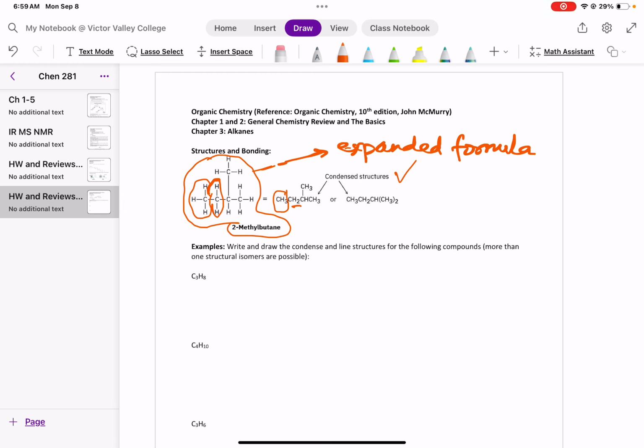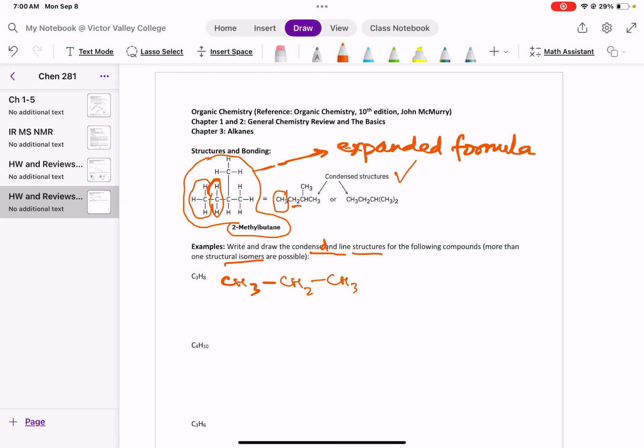Now, here are a few examples. Draw the condensed and line structures for the following compounds. And there might be more than one structural isomer. So for C3H8, the condensed will be CH3, CH2, CH3.